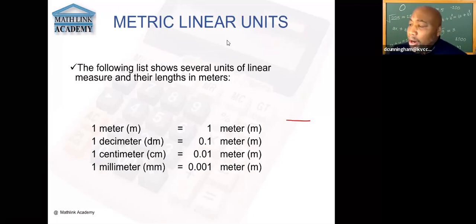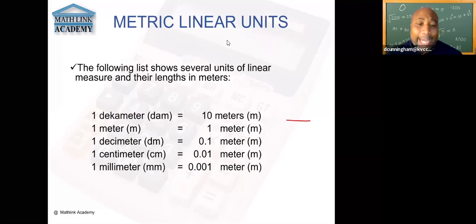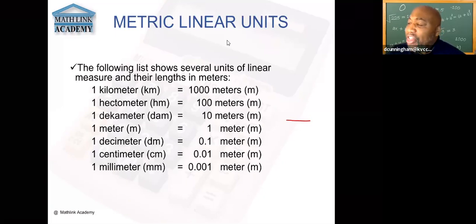Now, there are units that are bigger than meters, and that's decameter. So this is deca. 1 decameter equals 10 meters. So if you have 10 meters, that's 1 decameter. If you had 100 meters, that's a hectometer. And if you have 1,000 meters, that's a kilometer.